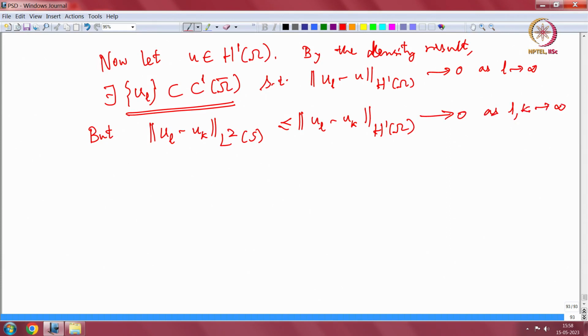Therefore, thus UL converges, since I am using that one for the time being, UL converges to some function in L2(S).